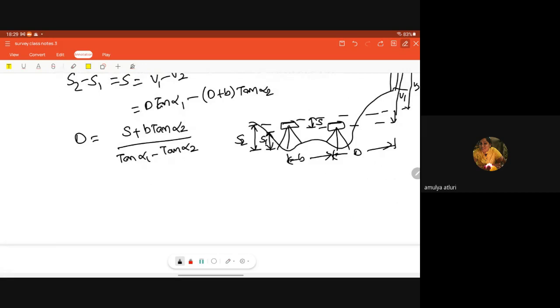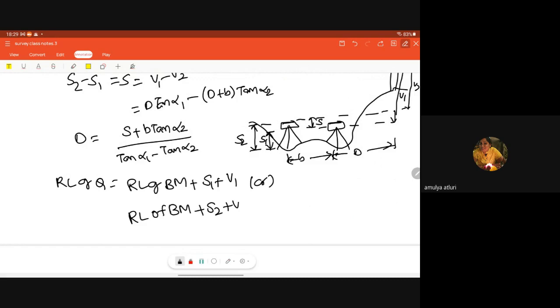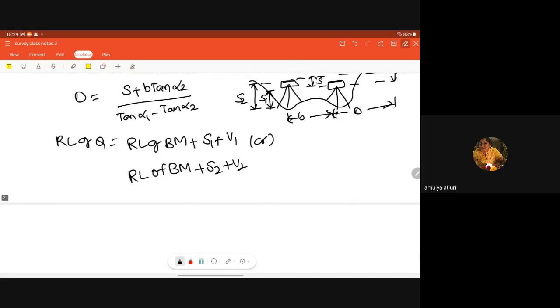Got it? And my RL of Q is nothing but RL of BM plus S1 plus V1, or RL of BM plus S2 plus V2. Got it?